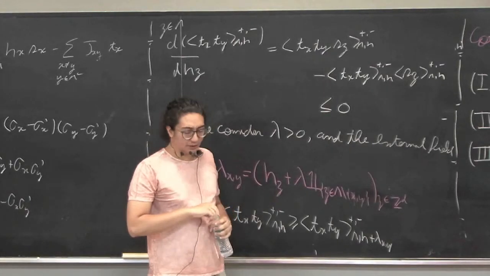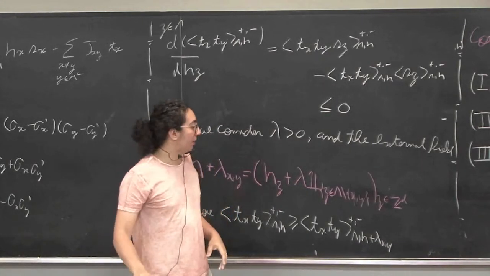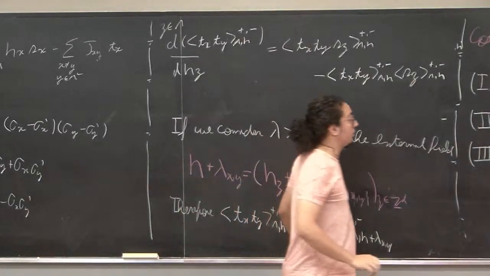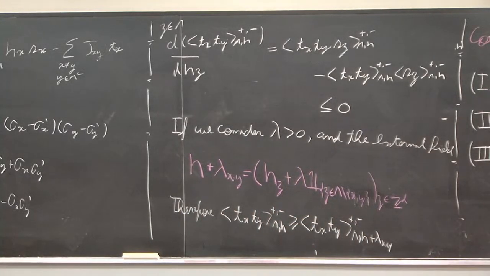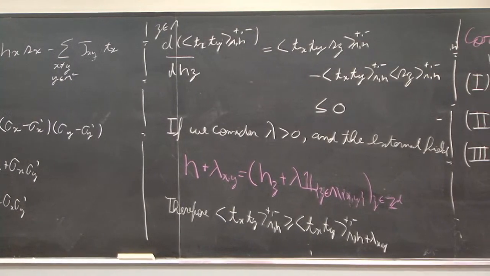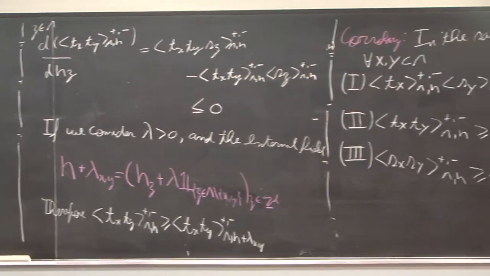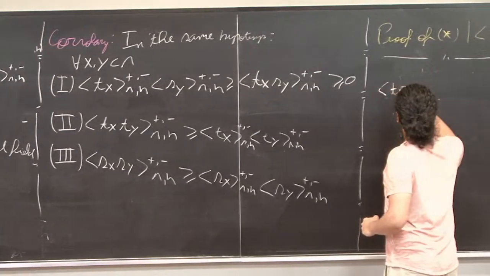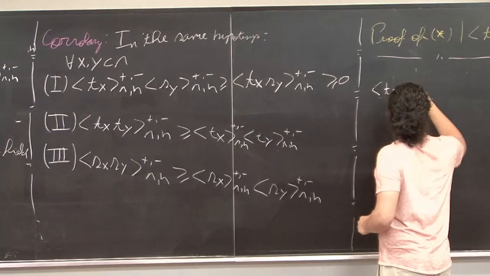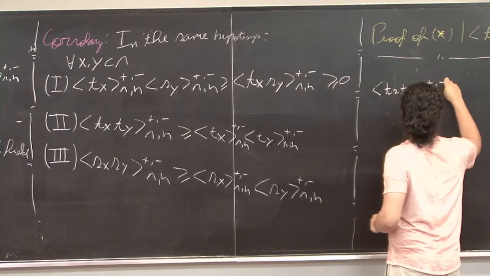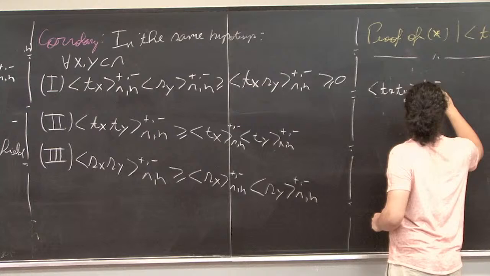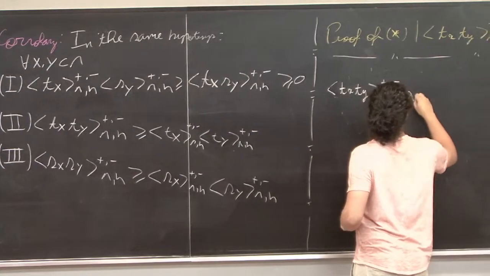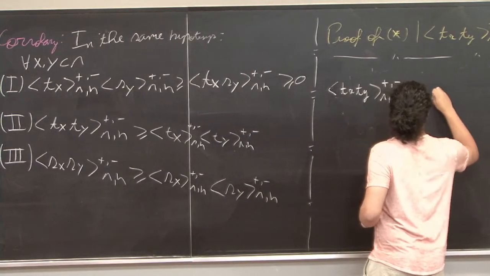Again, to do so is a sort of standard trick. So how do you do it? Maybe we just write the state in the right way. So this is plus and this is minus, this is lambda, and here we have to change the external field.